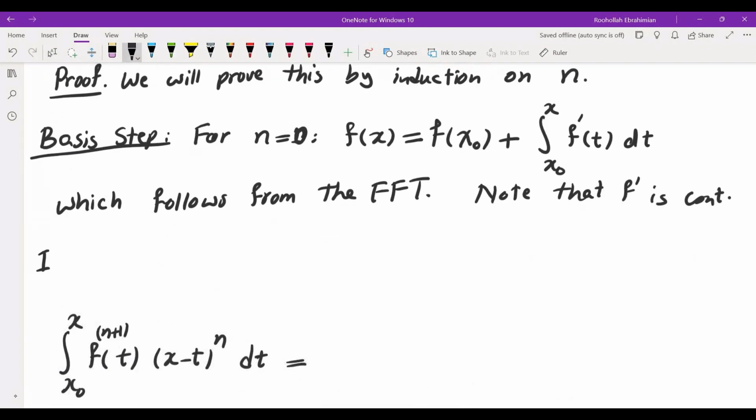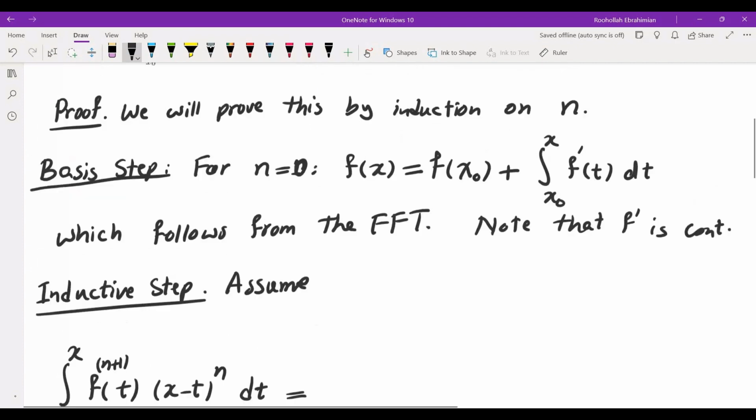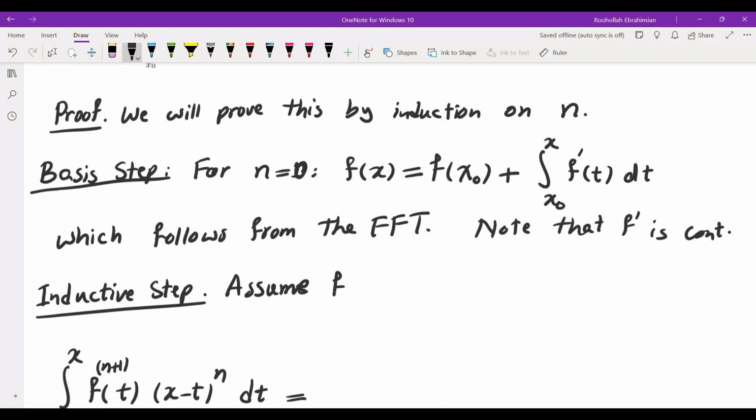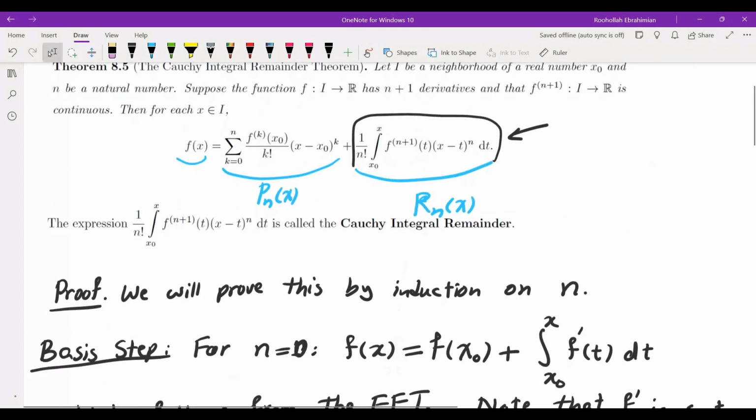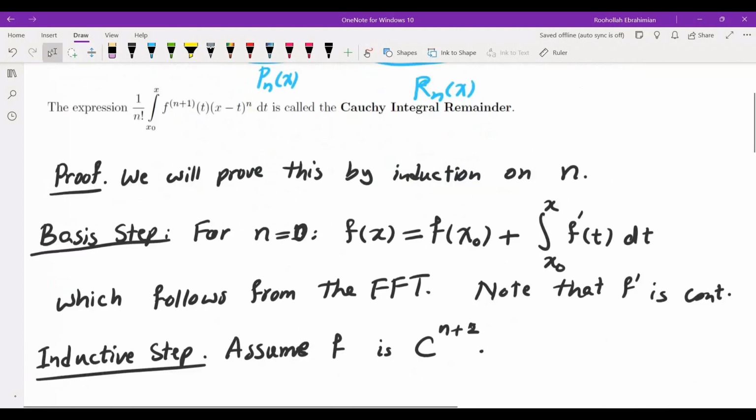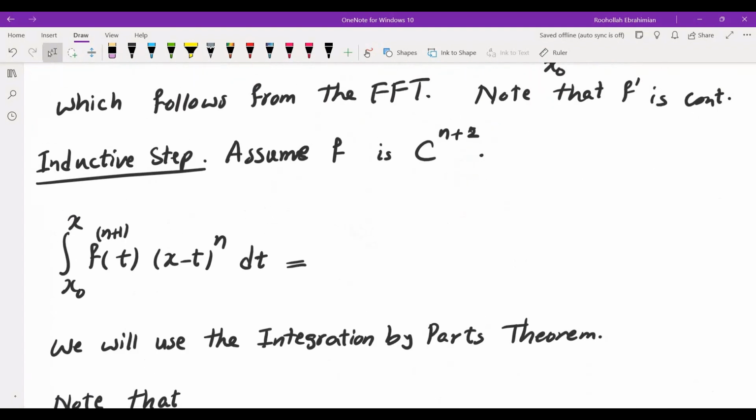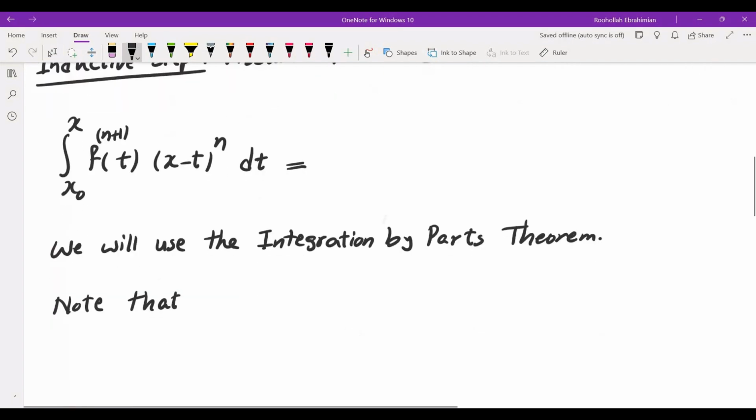Now the inductive step. Assume this statement is true for n, and assume f is C^(n+2). So I take a function that has n plus 2 derivatives and whose n plus 2 derivative is continuous. Then I have to prove that the nth remainder is equal to one more term plus the n plus first remainder.